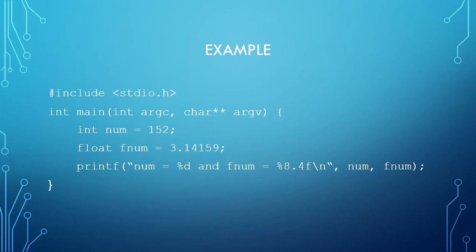Then we have our main function. In C, main usually returns an int. In Java, main is void. So you might wonder what that means, that main would return a value. It's actually used when a program is part of a larger system.